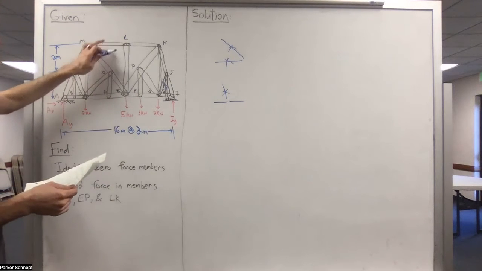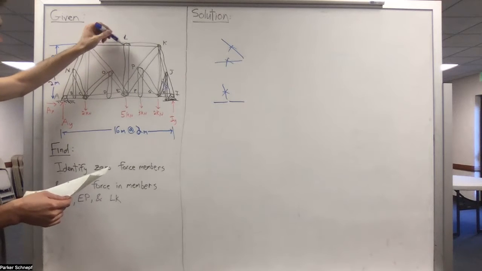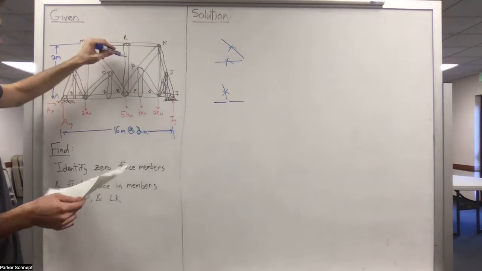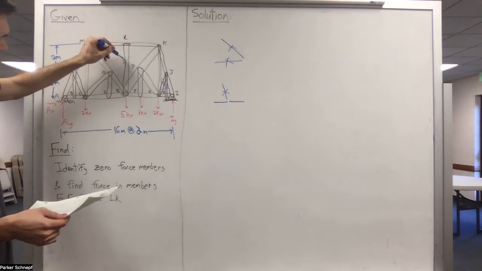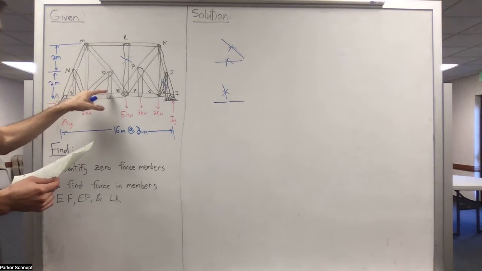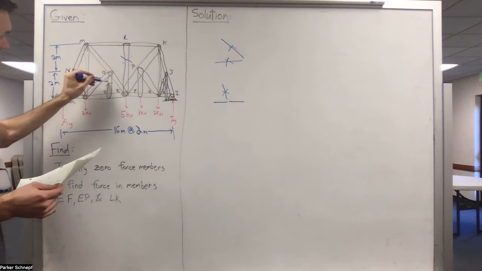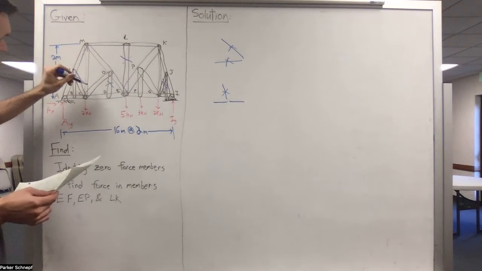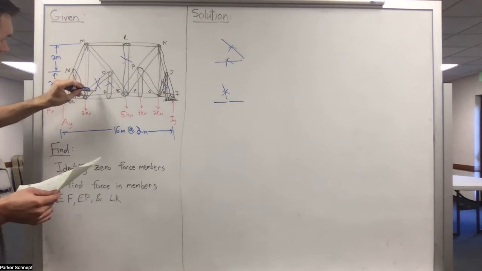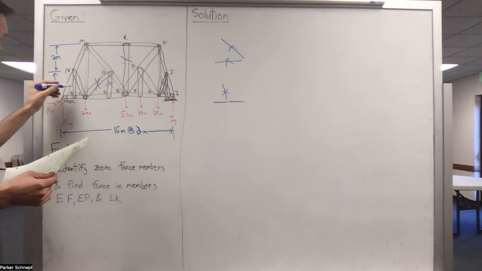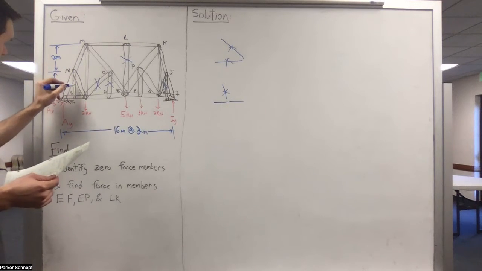Let's see. LE, right? Up here at joint L, we have that condition. So LE is a zero force member. Then let's see over here. So DO, same condition. And just like over there, now that DO is gone, the same thing applies for OC here. And then same sort of thing here. So BN.